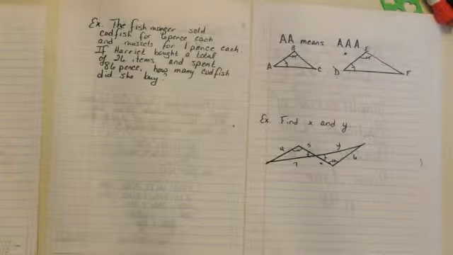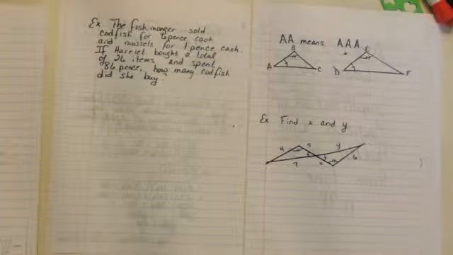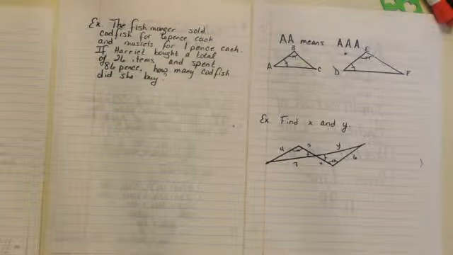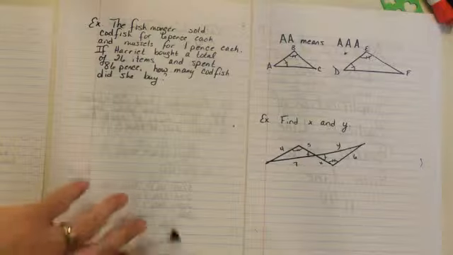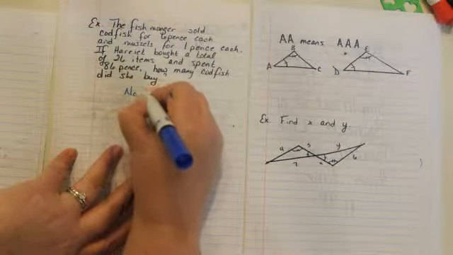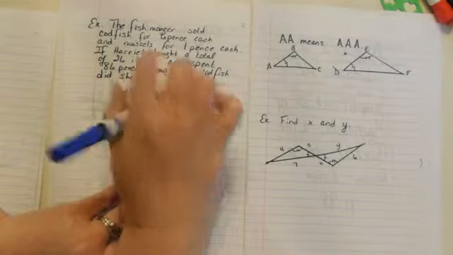A fishmonger sold codfish for 6 pence each and mussels for 1 pence each. If Harriet bought a total of 26 items and spent 86 pence, how many codfish did she buy? Okay, so we have the number of codfish plus the number of mussels is 26.